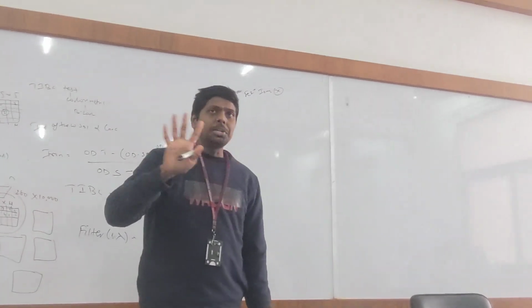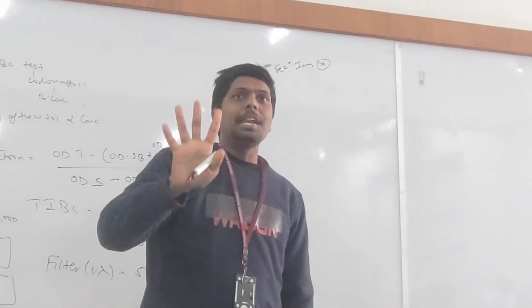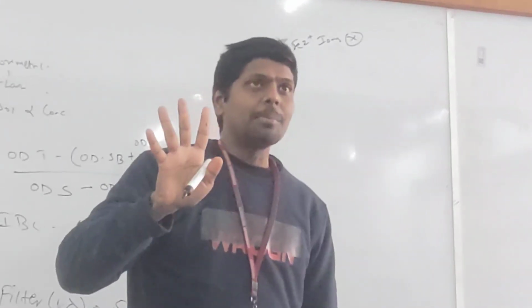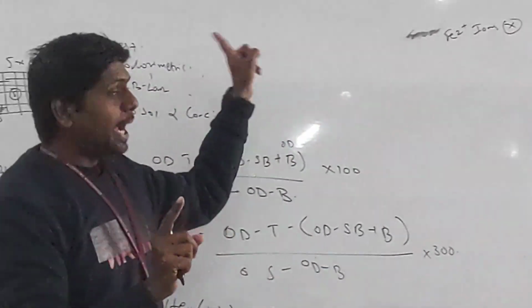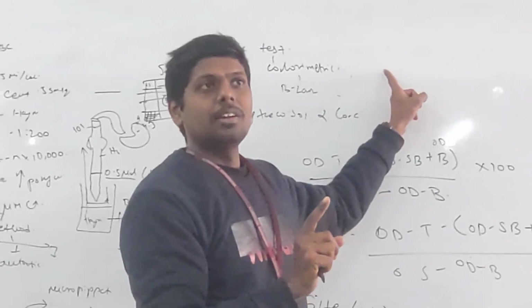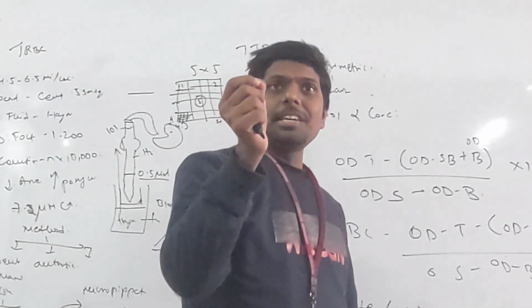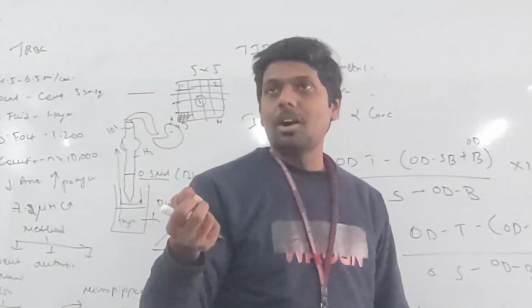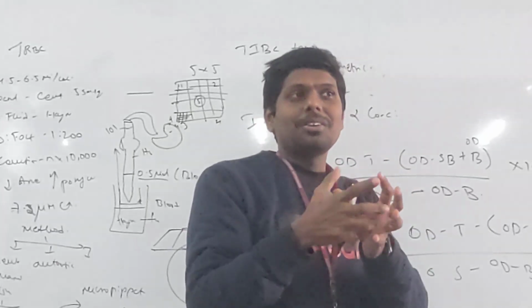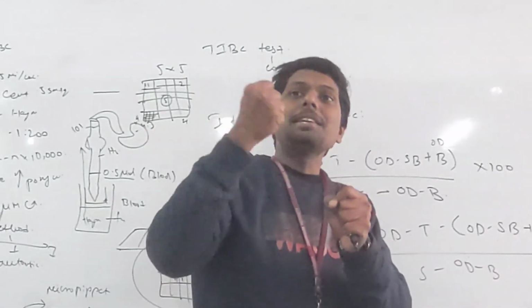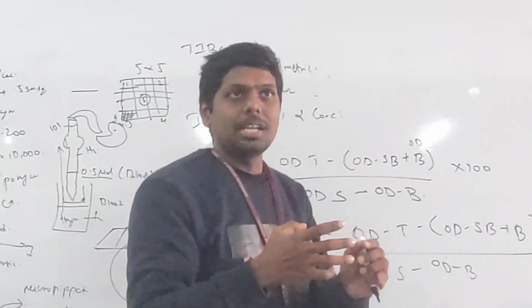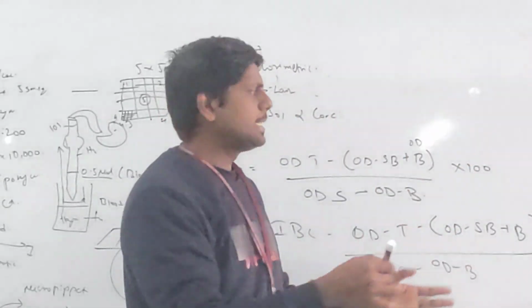This test is not going to detect iron. This is not an iron test. Keep in mind, this is an iron binding capacity test. How much iron can be bound to the serum, the amount of iron bound to the serum, we are calculating. Why is it important? Let us see.